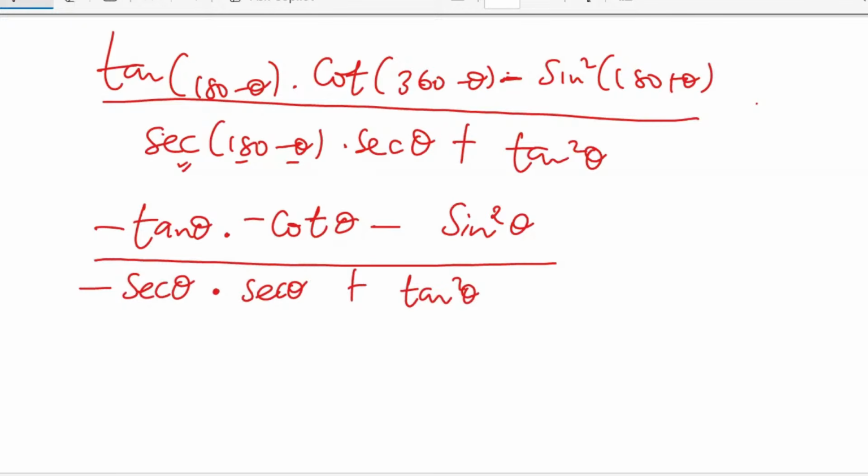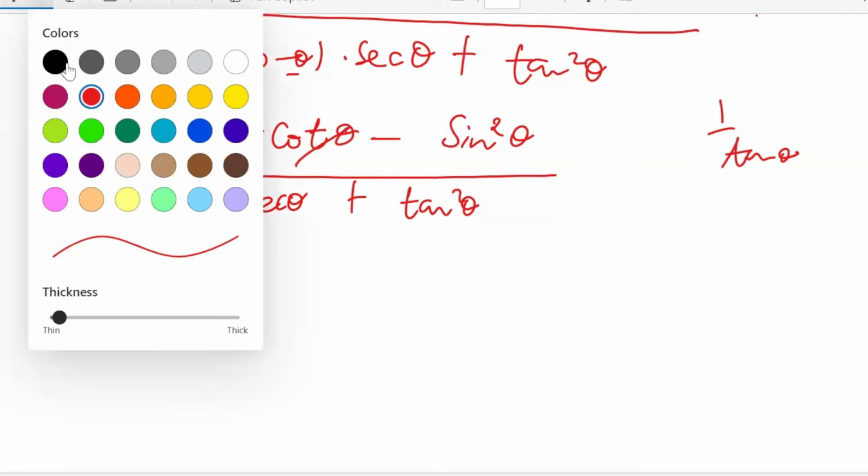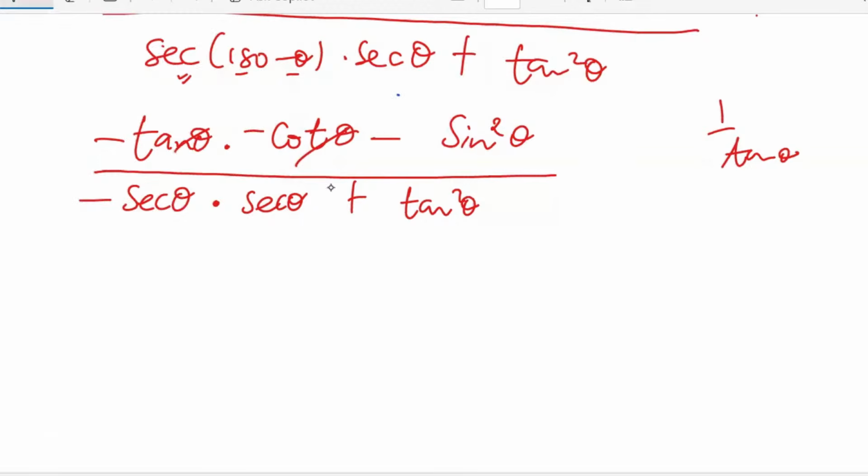So what we notice is that we need to cancel out what is at the top or what is at the bottom and simplify whatever we need to simplify. So this cot is the same as 1 over tan, meaning that this and this is going to cancel out. Let me just write it out nicely. Tan theta, it will be positive.